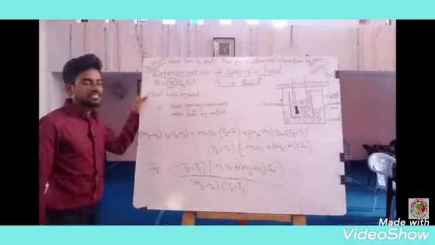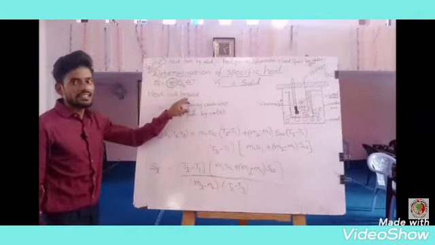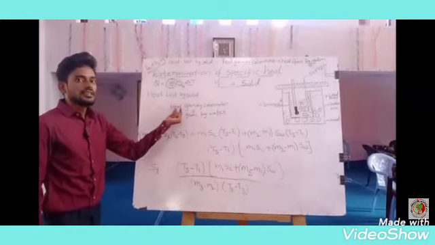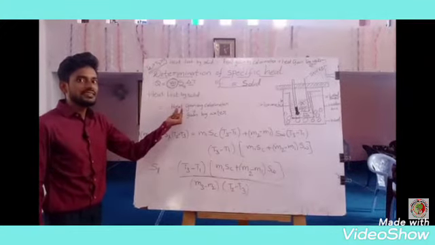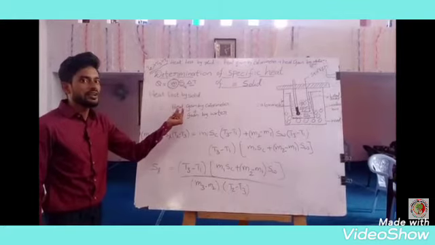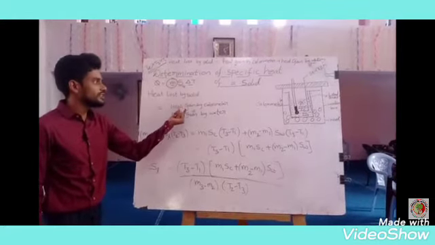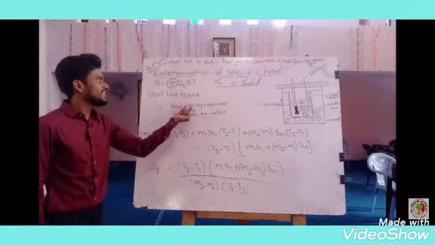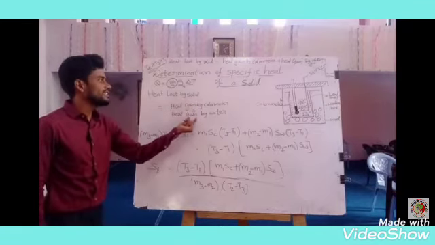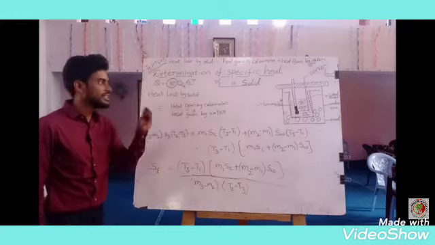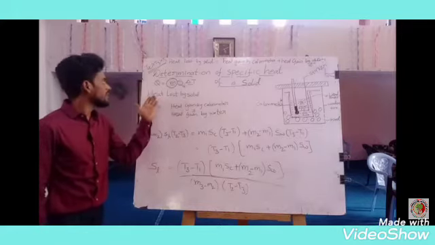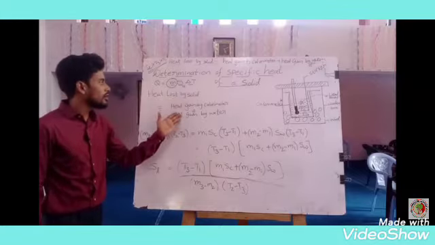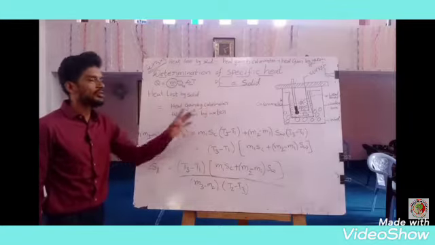According to the method of mixtures, heat lost by the solid, here the solid is nothing but lead shot, at 100 degrees centigrade, should be gained by the water and calorimeter. Heat gained by calorimeter plus heat gained by water. The heat lost by lead shot should be distributed among calorimeter and water.